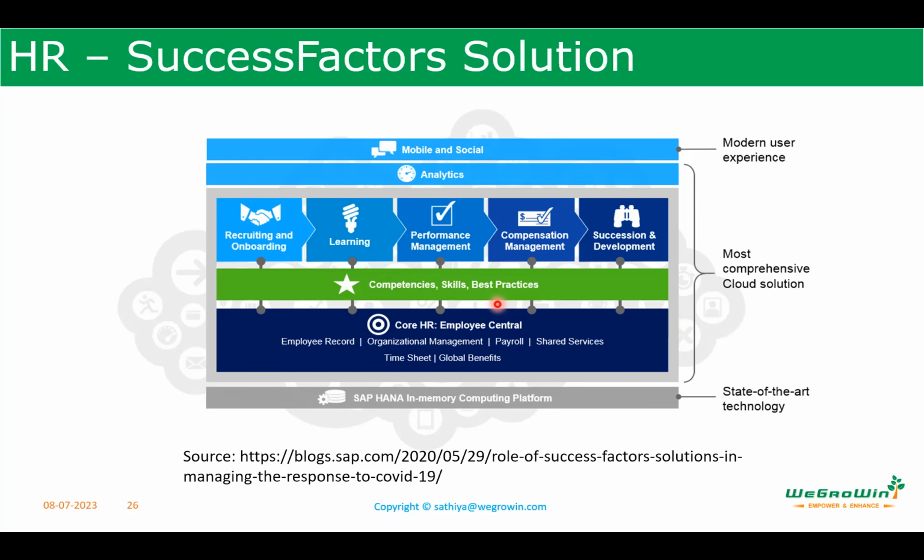Here they talk about a modern user experience that can be handled through mobile phones and analytics. They start with Employee Central, where employee records and other things are held. They build the competencies, and also recruiting, learning, performance management, compensation, all these things. Now they brought this as a separate license itself, SuccessFactors.